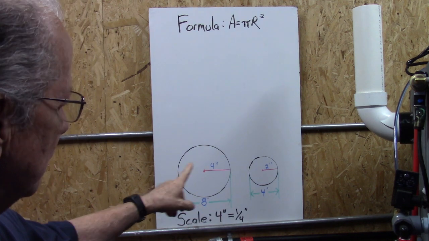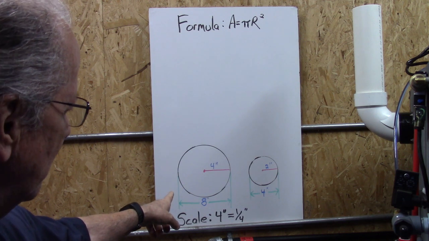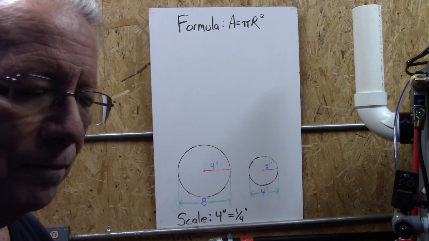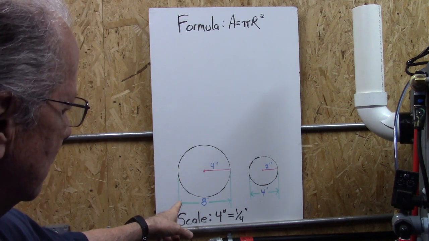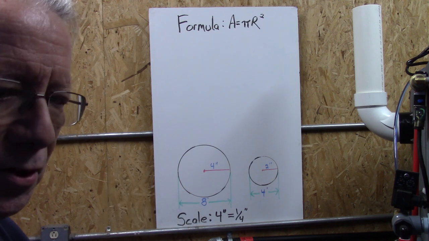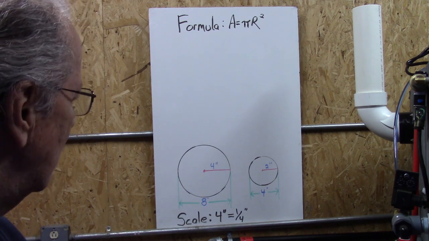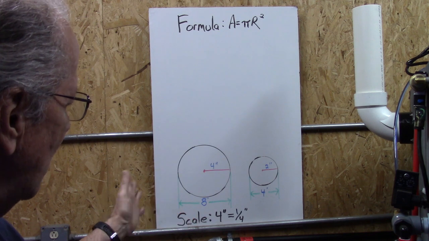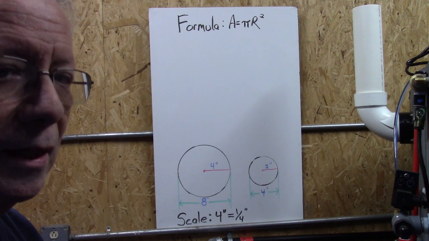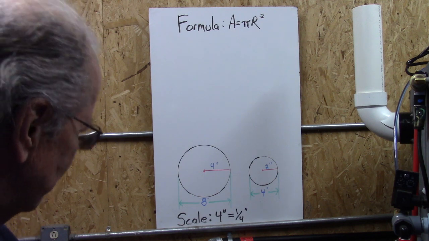The 8-inch circle, it's twice the size of the other one, is directly proportional to the difference in size between the two hoses. Okay, so we have an 8-inch circle and a 4-inch circle. Again, the 8-inch is representing the half-inch hose.